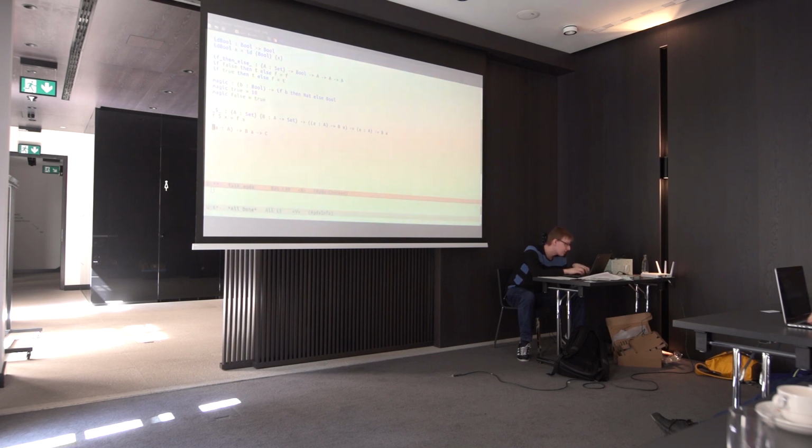But what you can do, for example, is write a limited flip. Let's write this one. So we have A, which is a set, B is from A to set, and C, D are sets.